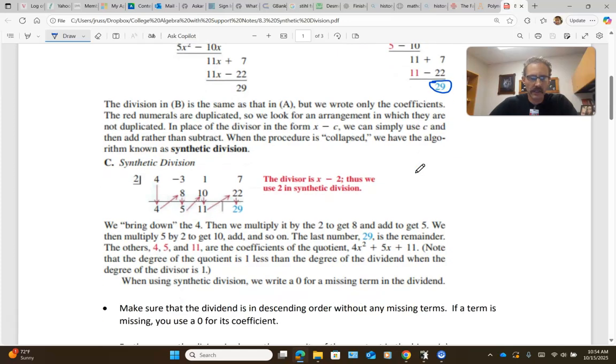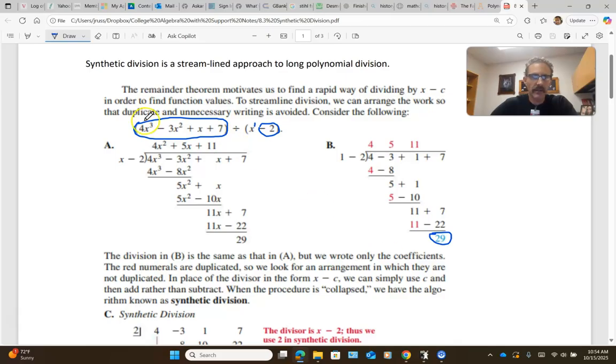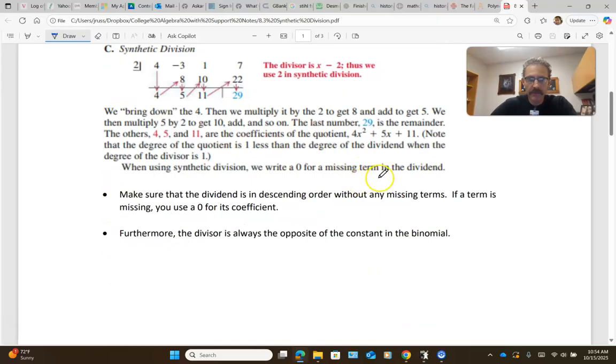One other thing, and I think I put this in the notes, make sure that the dividend is in descending order without any missing terms. So if we come back up here, the dividend is in descending order, and it doesn't have any missing terms. Now if it did, if a term is missing, then you're going to use a 0 for its coefficient.